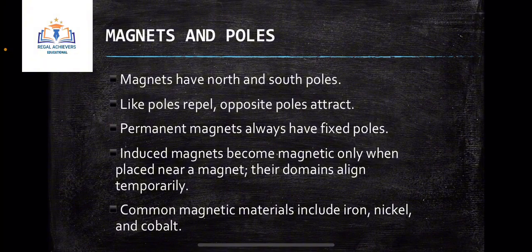Magnets have the north and the south poles, and the law of magnets states that like poles repel and opposite poles attract. Permanent magnets always have fixed poles. Induced magnets become magnetic only when placed near a magnet, so their domains align temporarily. Common magnetic materials include iron, nickel, and cobalt.